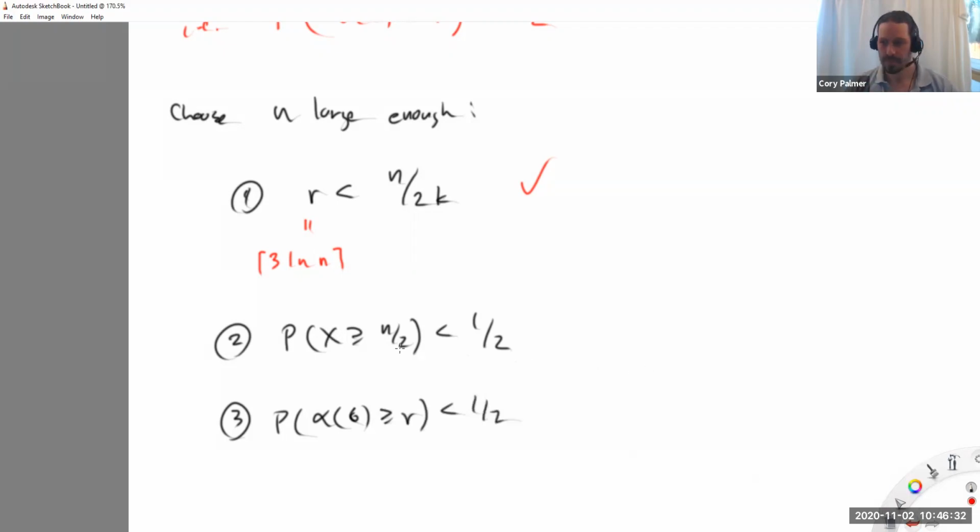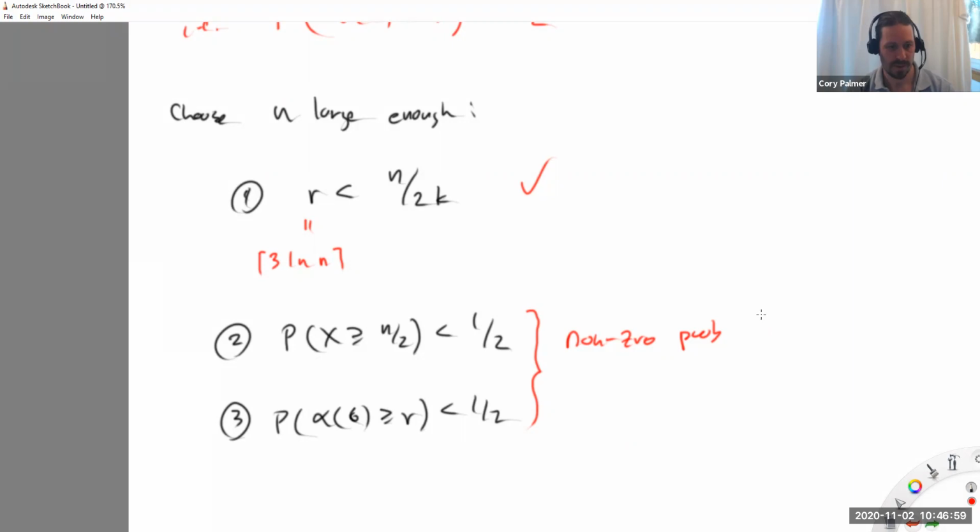Now, if we can choose n large enough so that the probability of these two events occurring is less than 1/2, then it means there's a non-zero probability that both of these fail, right? Because both have probability less than 1/2, then the probability of them both occurring is less than 1. So there exists positive probability that neither occur here. Okay.